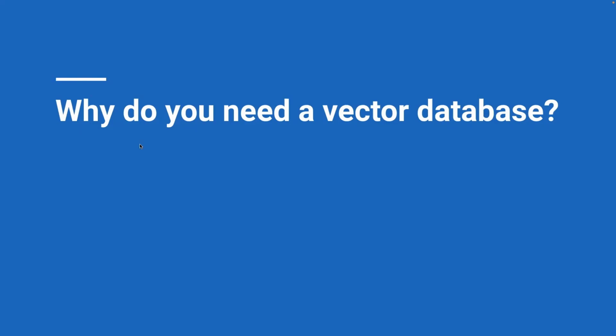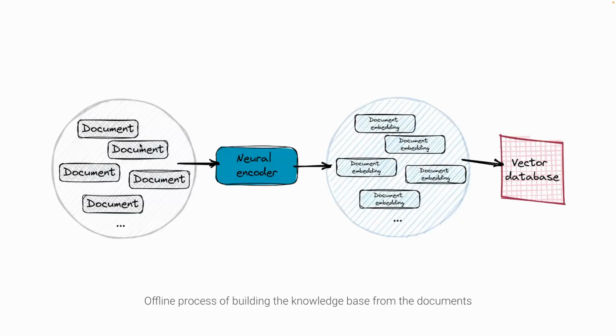And for that, we need a specific instrument. It was the same for relational databases, which stored data in a specific format. But with these embeddings coming from neural networks, we need a specific tool, and these are vector databases.